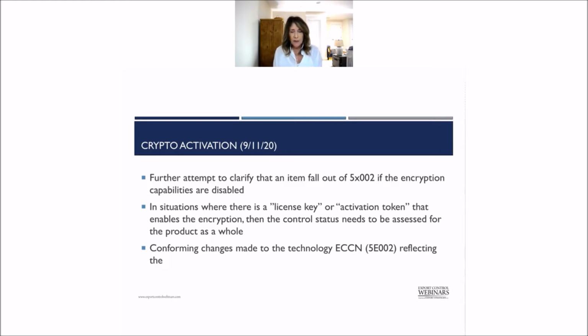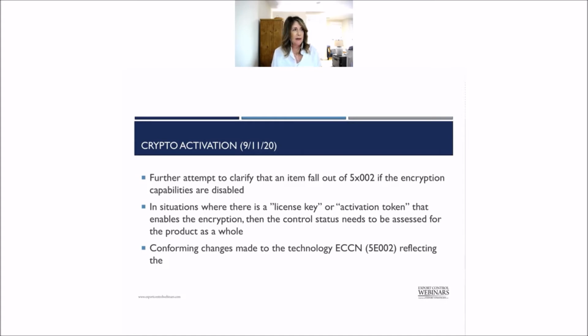For those of you who have been in the business a long time, you might remember the dormant cryptography, the ancillary cryptography, the Note 4, and then not Note 4, all these crazy things.